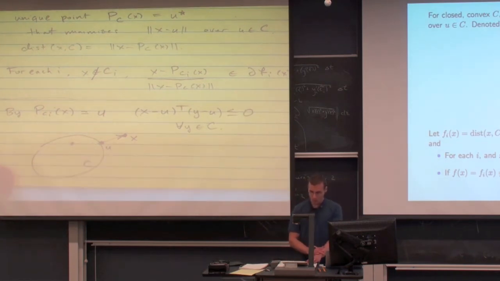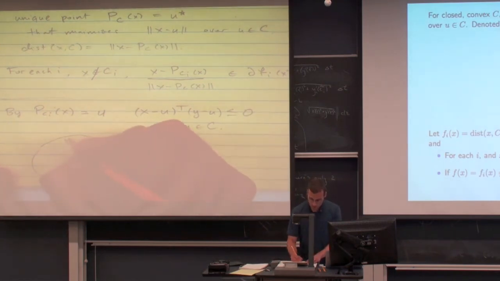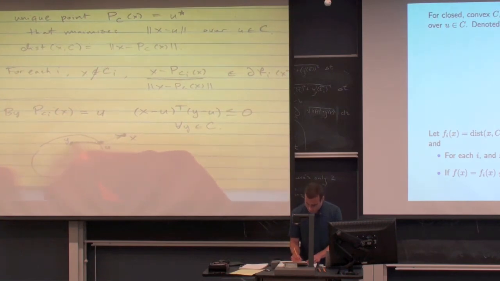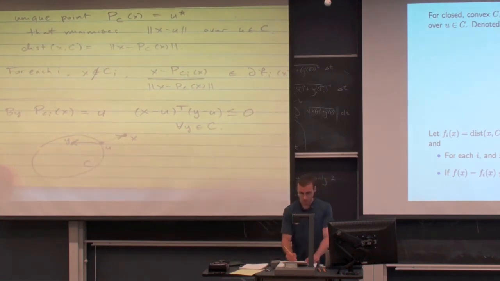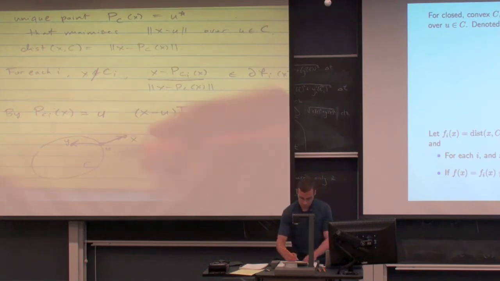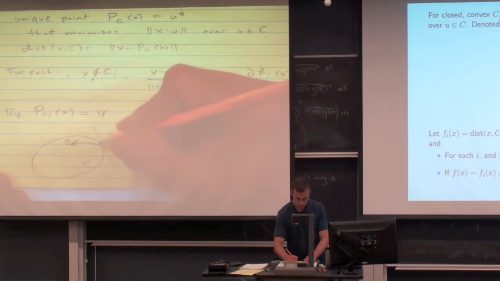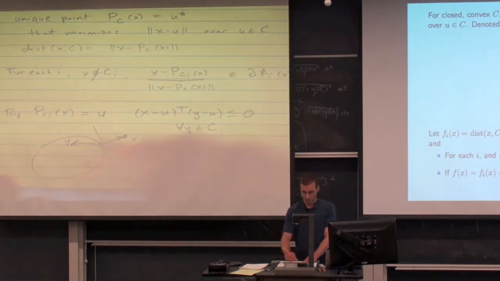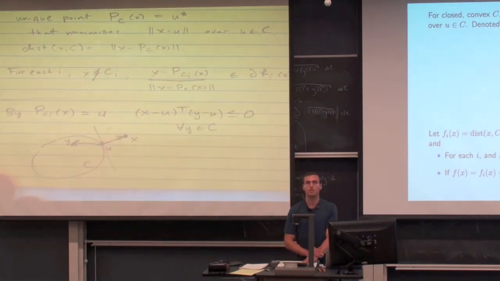And I take any point within C, call it y, and that's y minus u. Then no matter where I take y in that convex set, the inner product of these two vectors will be non-positive. This is where it's going to be 0, and where it's positive, y can't be in the set. You can imagine that's true because C is convex.